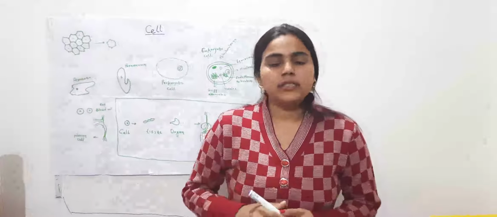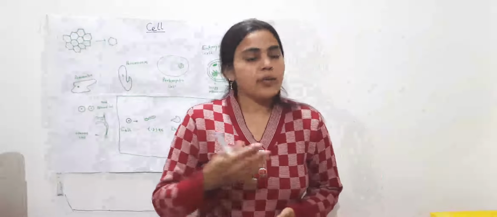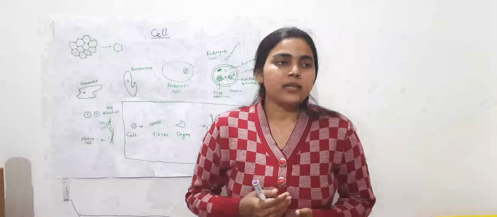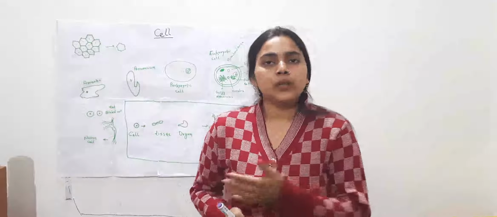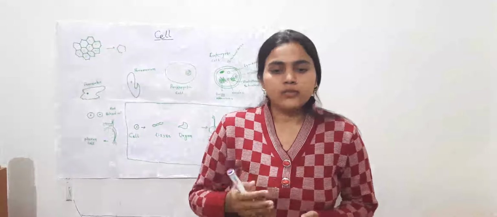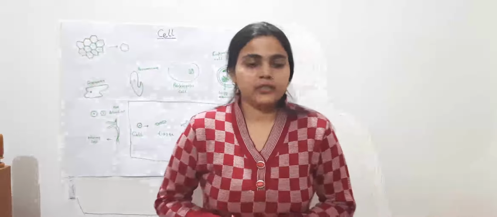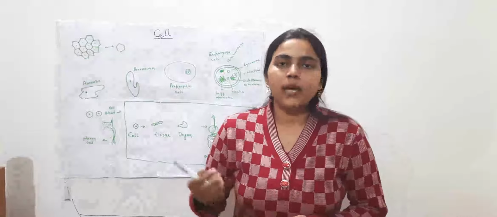After this discovery, people became curious to know much more about the cell. But unfortunately, at that time the microscopes were not so developed. So for almost 150 years after the discovery of Robert Hooke, very little was known about the cell.